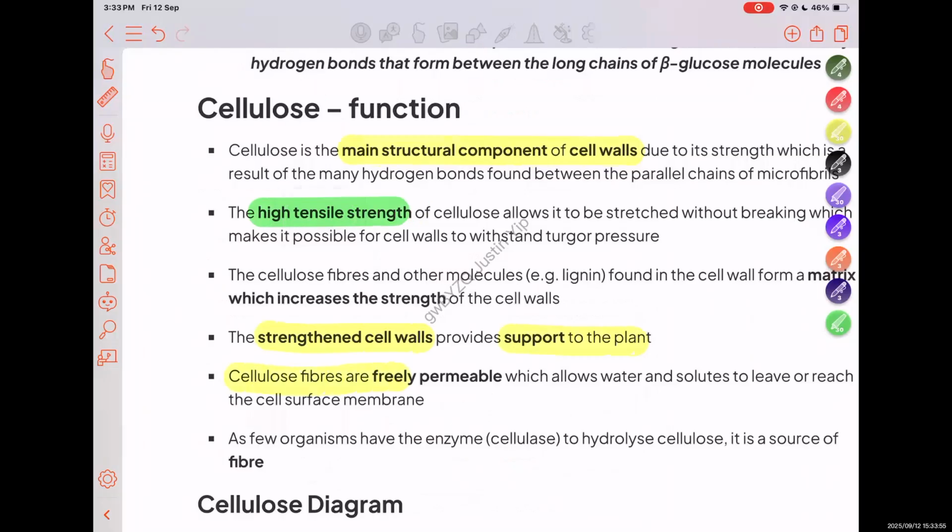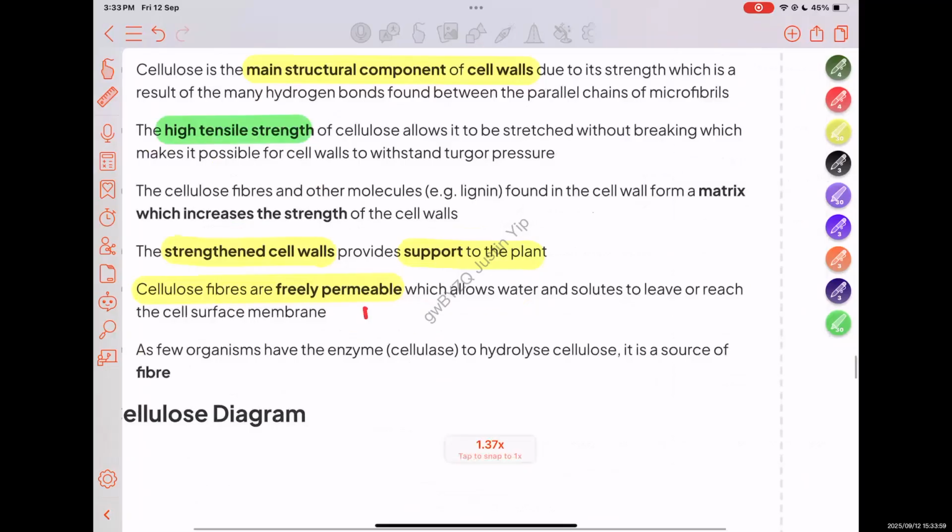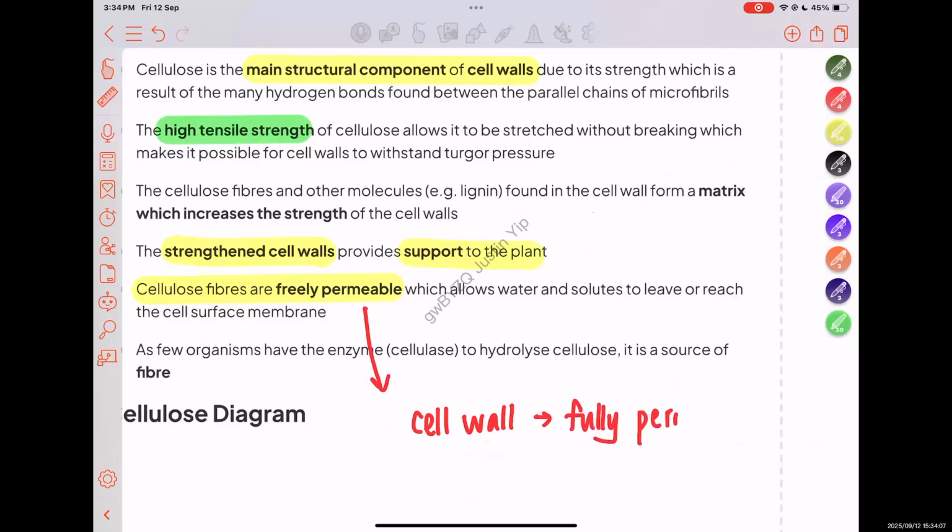And their cellulose fiber is freely permeable. Take note here, cell wall, we call it fully permeable, meaning I let everything come in or go out from my cell. This is what we call cell wall.